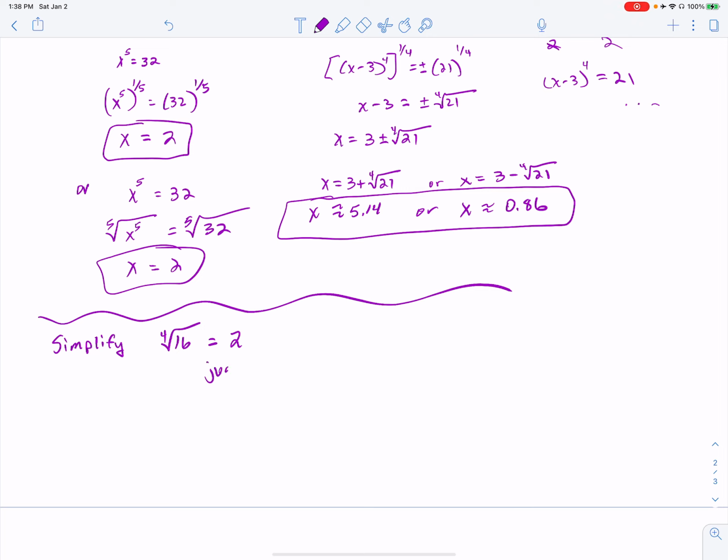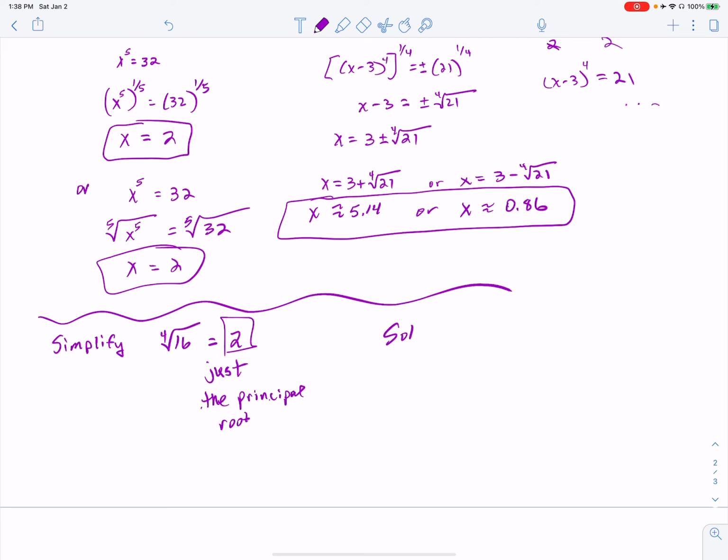We only want the principal square root, which if you recall on the first page, that is just the positive result. And so if they ask you to just simplify that, you just put positive 2.